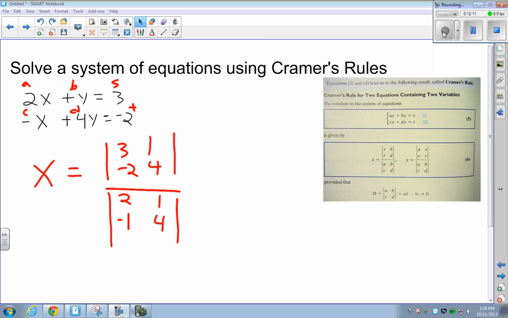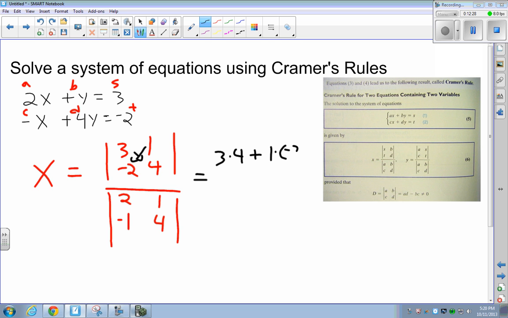Well, we know to find a determinant, all we do is cross multiply, right? So this is going to be equal to 3 times 4 plus 1 times -2. And now we divide that by this determinant here, which would be 2 times 4 plus 1 times -1.